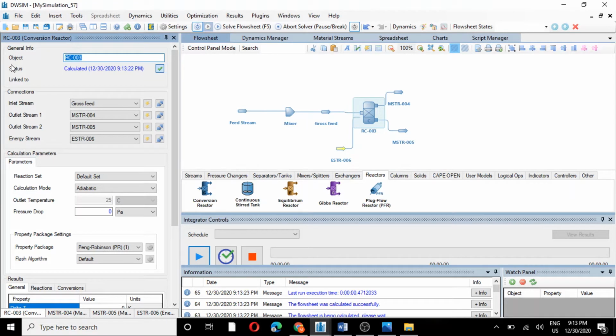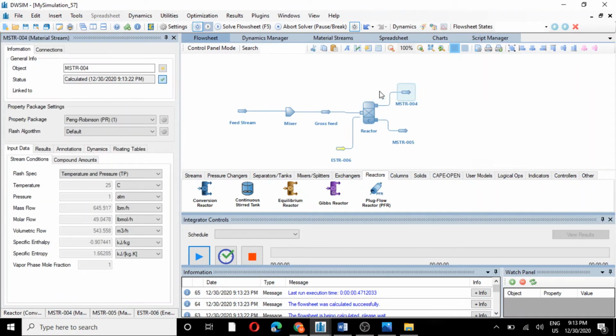This will serve as the reactor. There. This is products 1. And this is products 2.